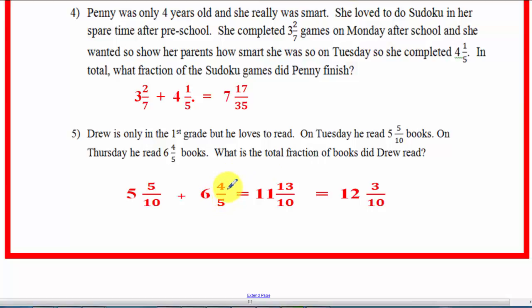Okay, here we go. 5 goes into 10 twice. 2 times 4 is 8, right? 8 plus 5 is 13. Now, we have 13 tenths, so we actually have a whole here. If we remove 10 of this, it makes this a 12, and it gives us 3/10 left over. Hopefully that one made sense.